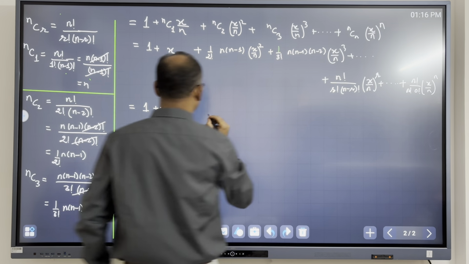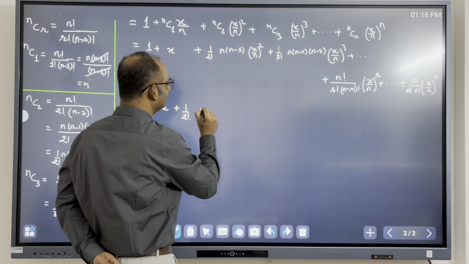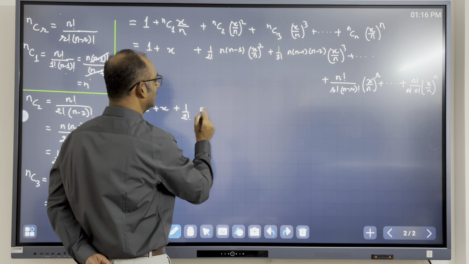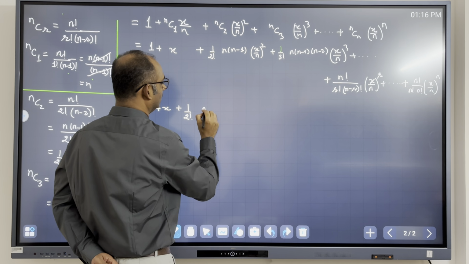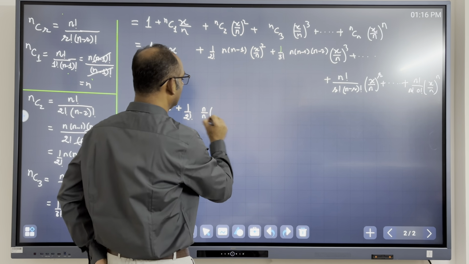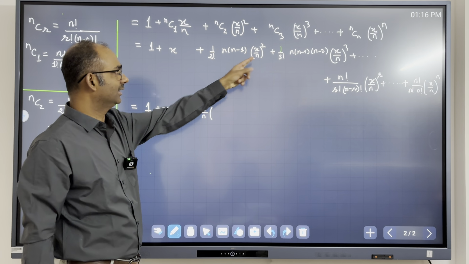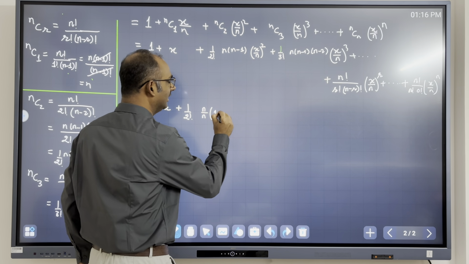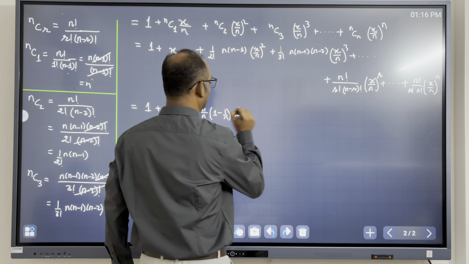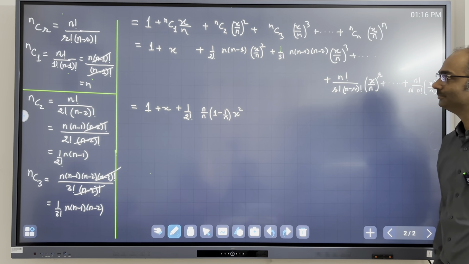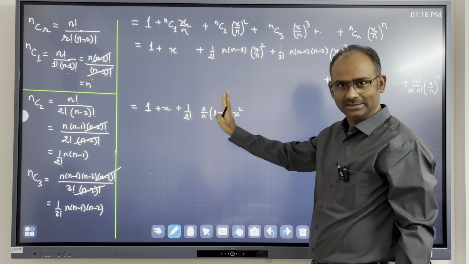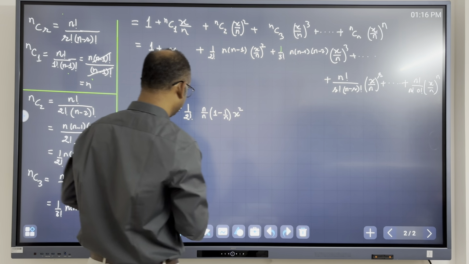So it becomes n over n, which is 1, and when I divide n minus 1 by the remaining factor of n, it is 1 minus 1 over n. Agreed? So I will just rewrite it.